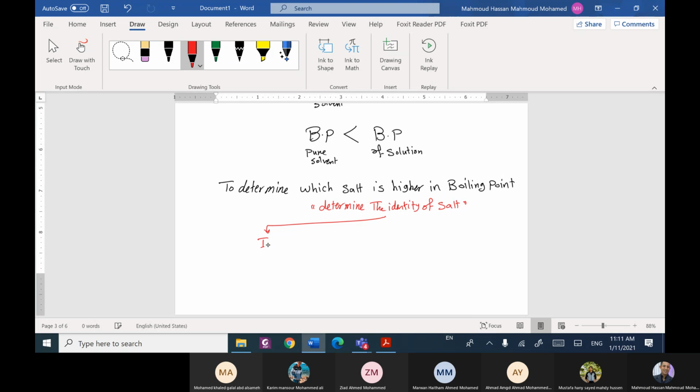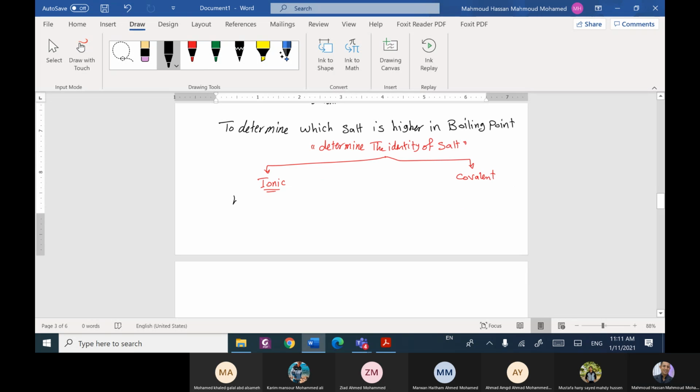Ionic or covalent. In case of the ionic, the higher in number of moles of ions is higher in boiling point.